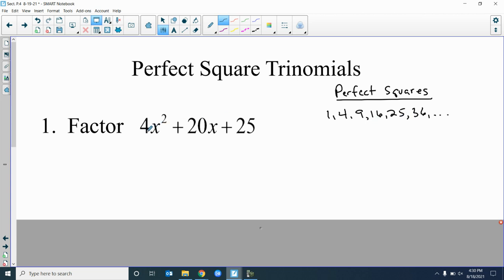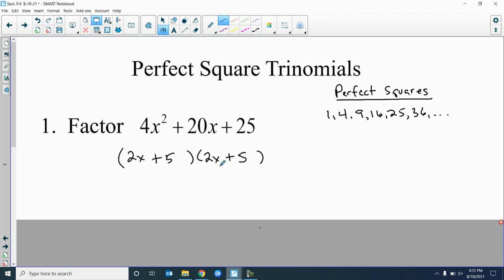You can do this just like we did any trinomial. You can do guess and check. You can do the grouping method. They will work. But if you notice the first term is a perfect square and the last term is a perfect square, I would encourage you just to test plugging in the squares. The numbers that multiply to get 4x squared would be 2x, and then to get 25, it would be a positive 5 and a positive 5.